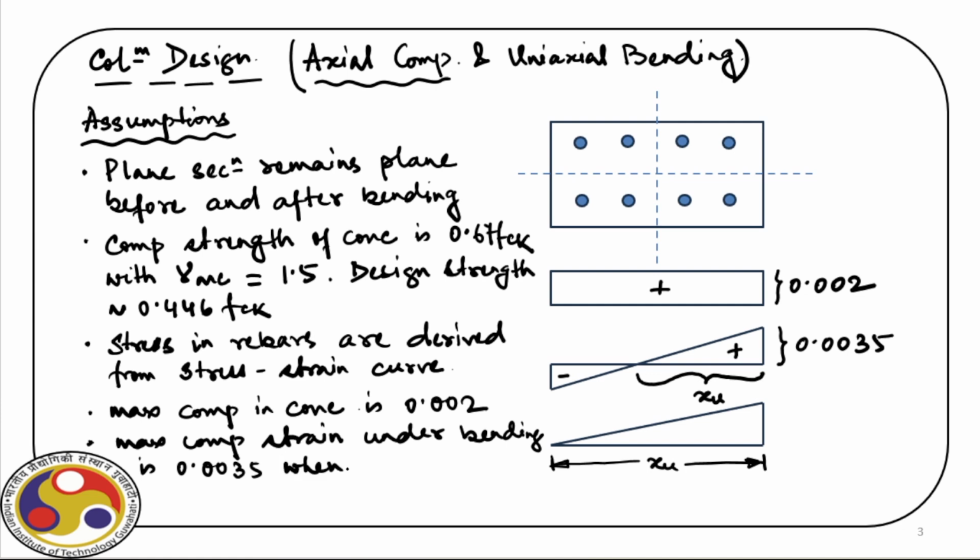Here you can see, this is what we call the location of the neutral axis. So that means the neutral axis NA lies within the section.